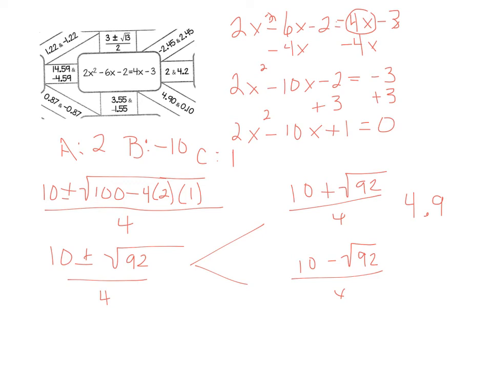The second one, I got 10 minus square root 92 divided by 4 gives me 0.10. 4.9 and 1.0. We're going down and to the right.